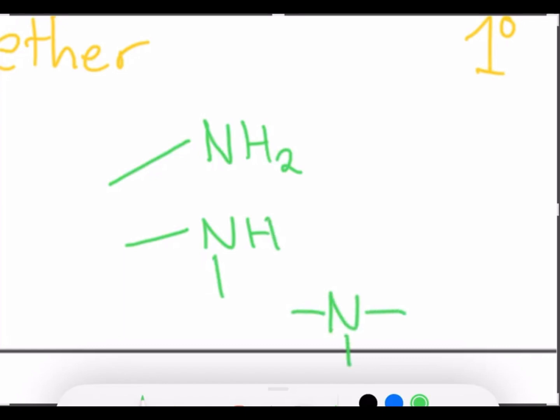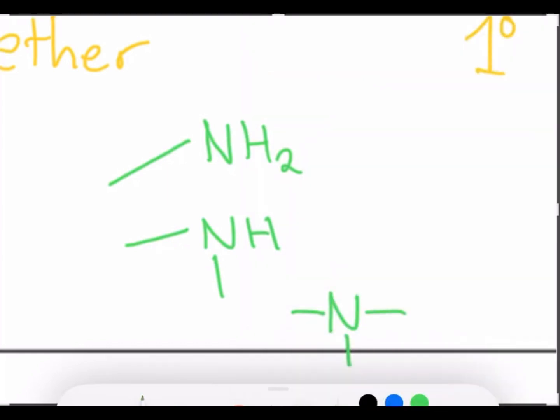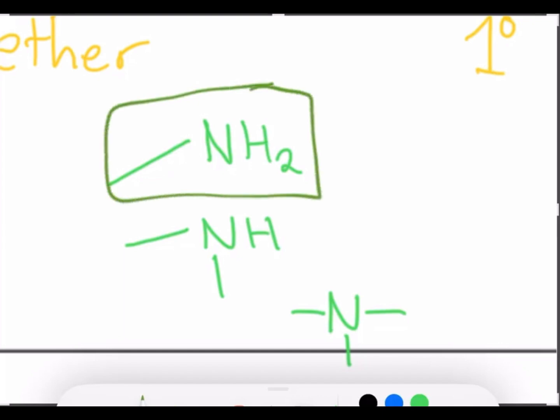Alright, I want you guys to think really quickly which one is going to have the highest BP and which one's going to have the lowest BP. Alright, you guessed right. I knew you could do it. Our primary is going to have the highest boiling point.